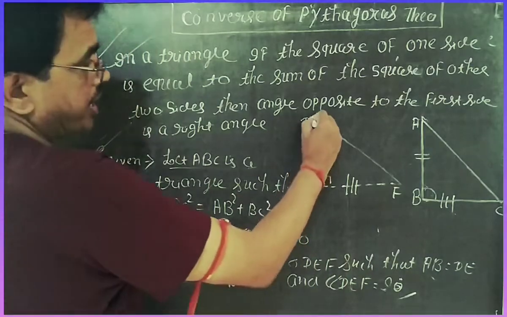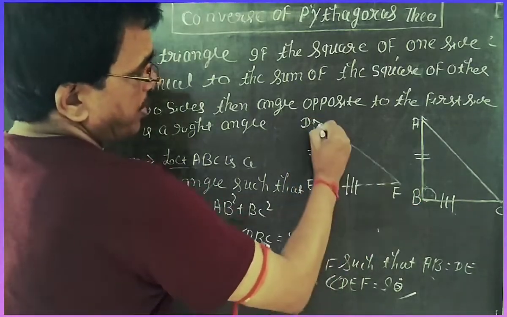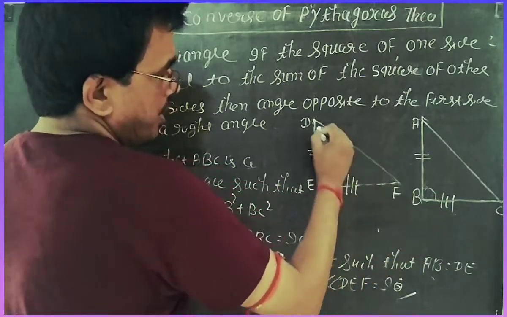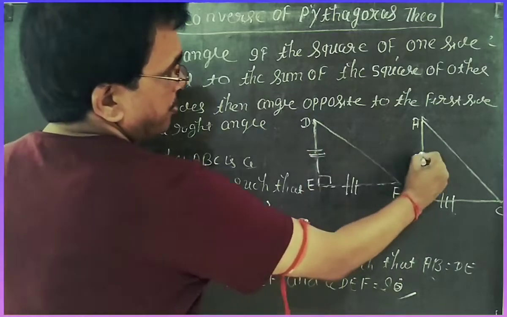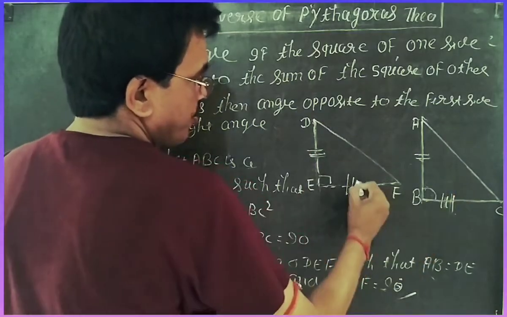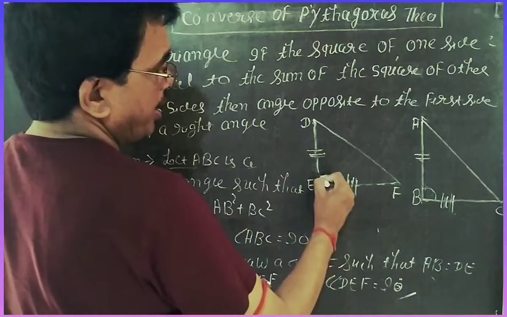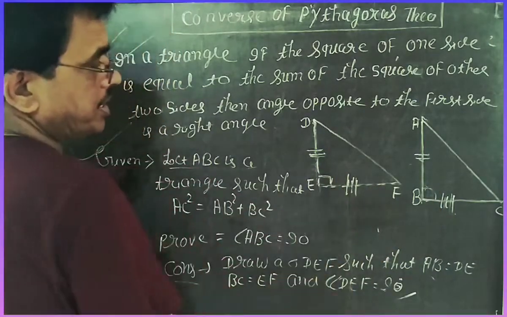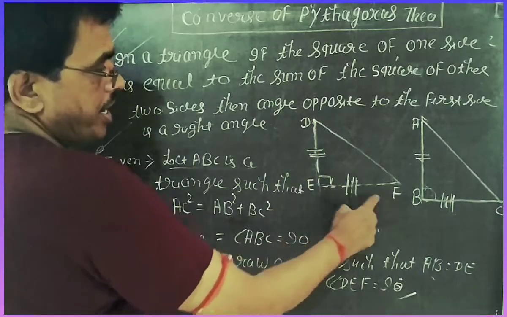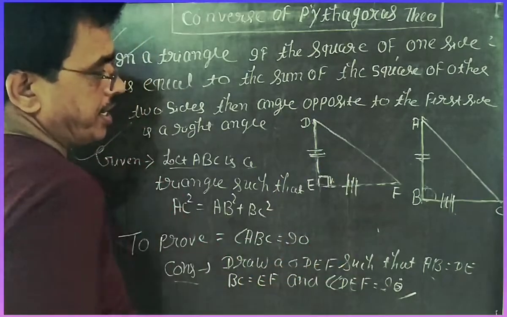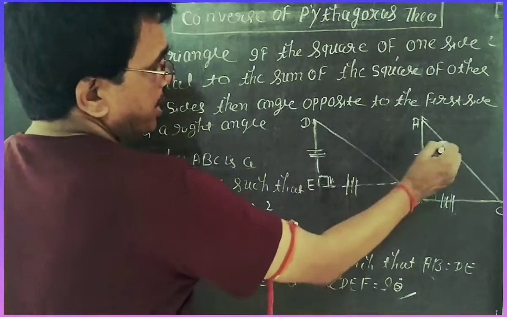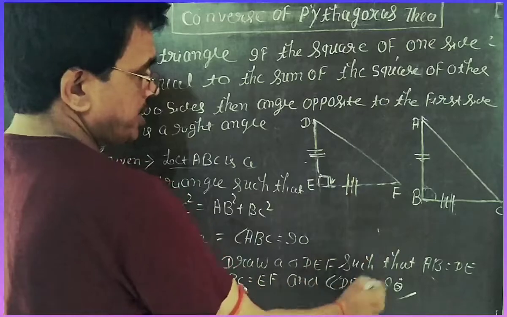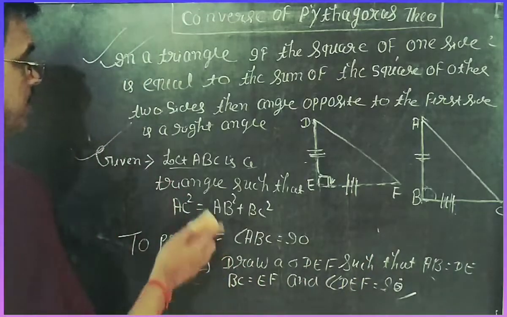Construction: draw another triangle DEF such that AB is equal to DE, BC is equal to EF, and angle E is 90 degree. Here B is not known to be 90, but in this construction, in triangle DEF, angle E is 90 degree, and AB is equal to DE, EF is equal to BC. It is a construction.